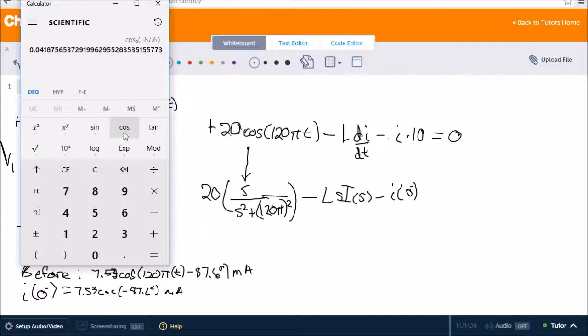Let's see, make sure that makes sense. Yep, it should be very small. Multiply that times 7.53 times 10 to the negative third.